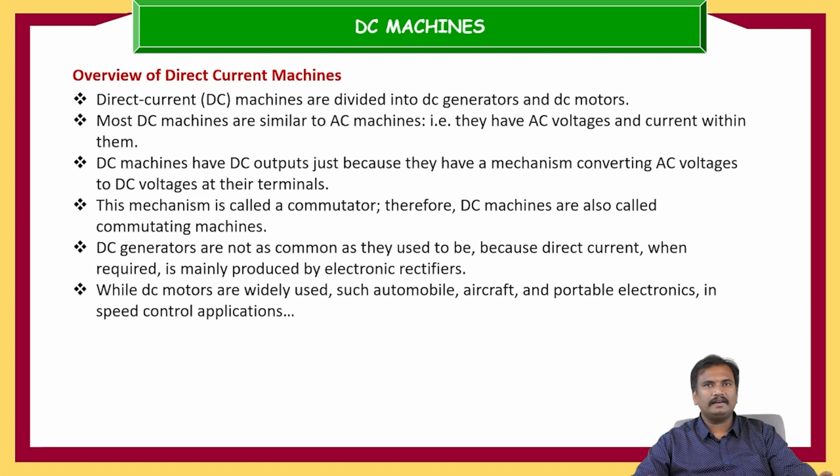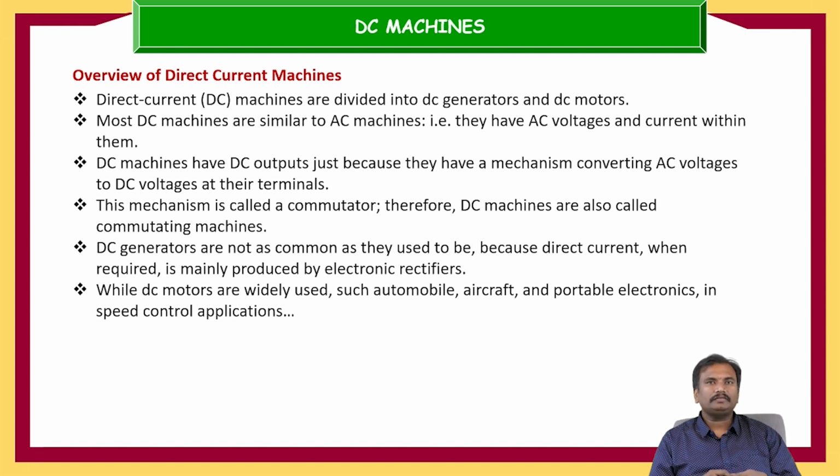And DC generators are not as commonly used because direct current is required and is mainly produced by using electronic rectifiers. We need to have the electronic rectifiers wherever we want to use the DC motors or DC generators.